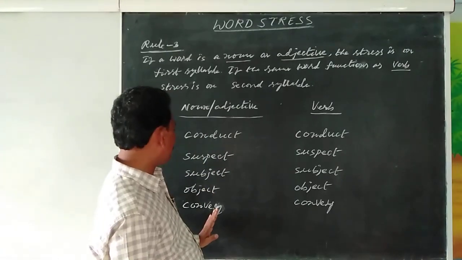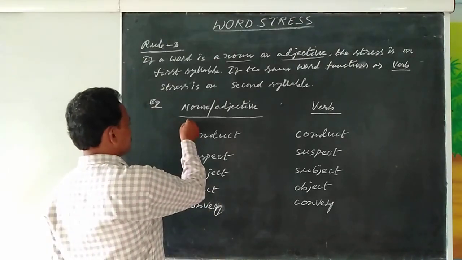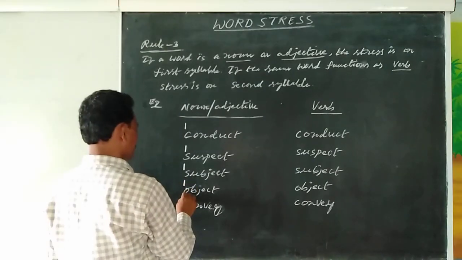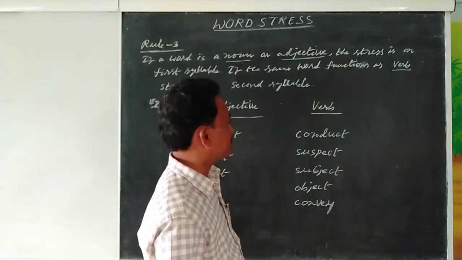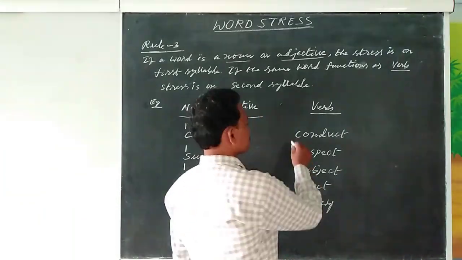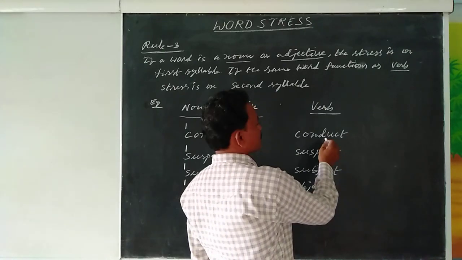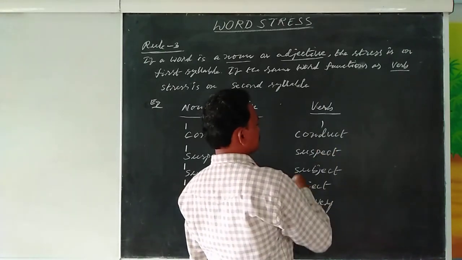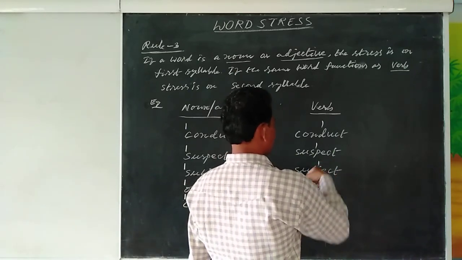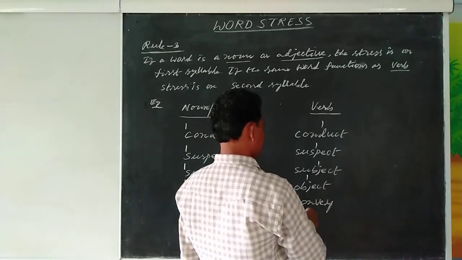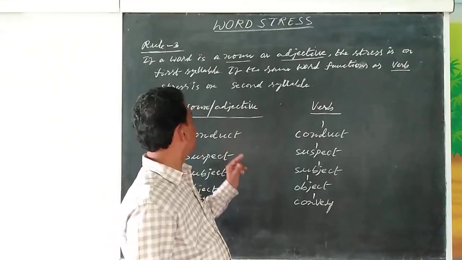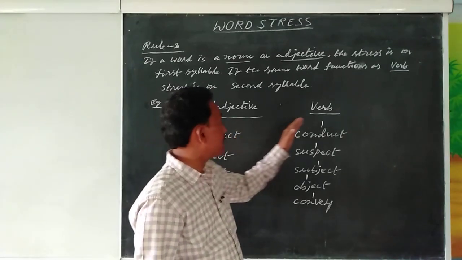In this row, stress is on the first syllable. Now, when you come to the verb part, stress is on the second syllable. The second syllable starts from here. Now let us pronounce the difference between noun, adjective and verb.